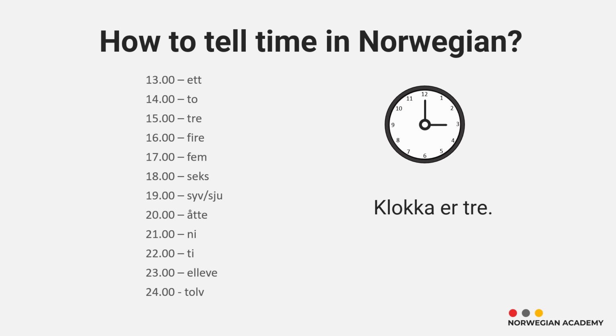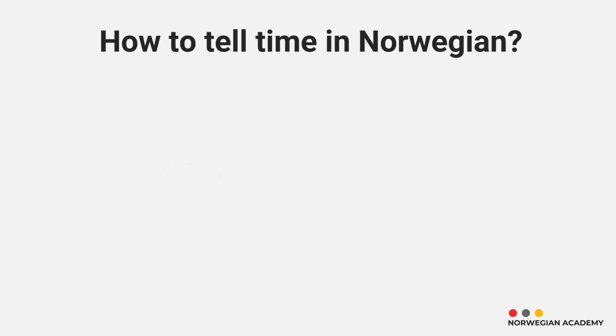Now let's take a look at the minutes. We use over, which means past in Norwegian, for until 15 minutes. And we use på, which means to, also for until 15 minutes.